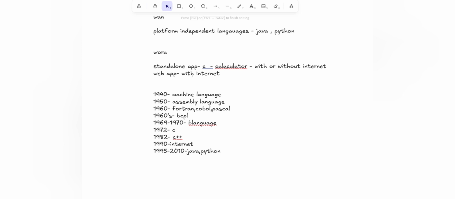C improved system programming. C++ introduced object orientation. Java solved the problem of portability. Every new language that came into the scenario overcame the limitations of the previous languages. So this is the evolution of programming languages.